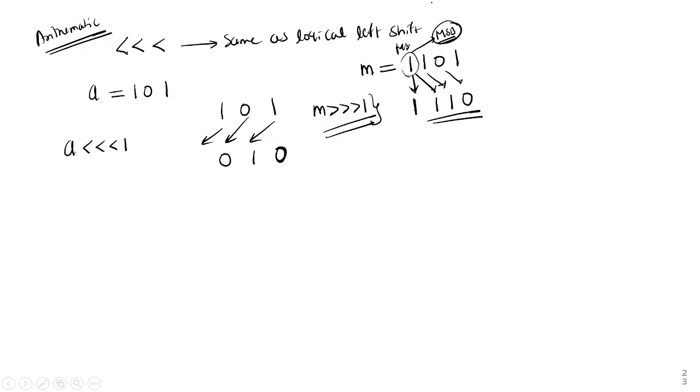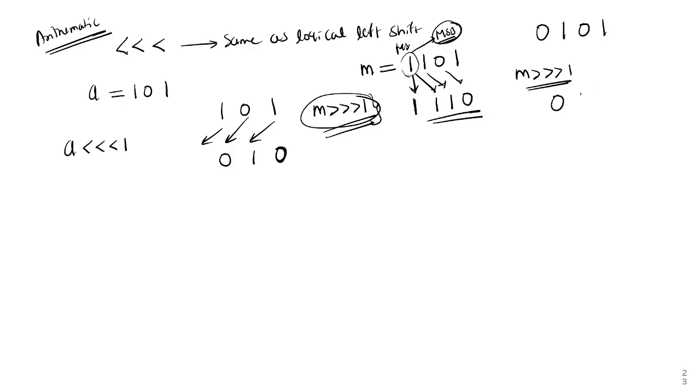Sir, will it only hold if it is negative, or even if it is positive? Positive also it will hold. Suppose you take the positive number 010 and do arithmetic right shift.